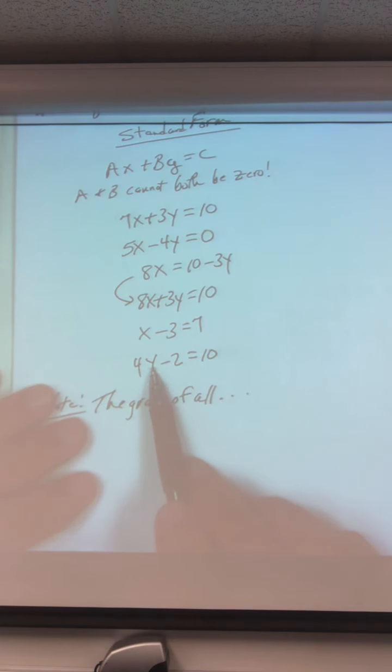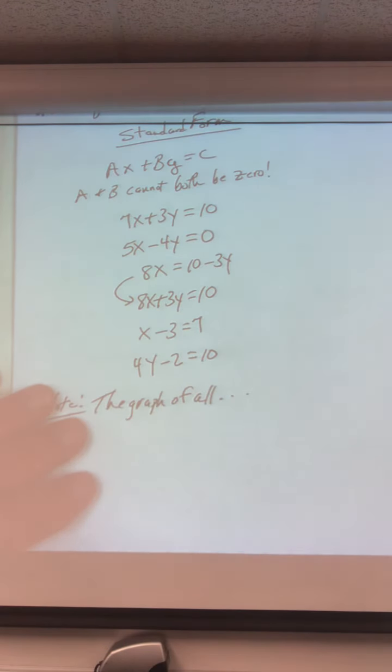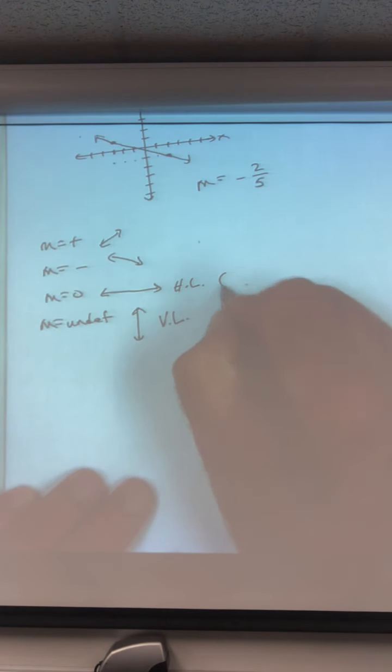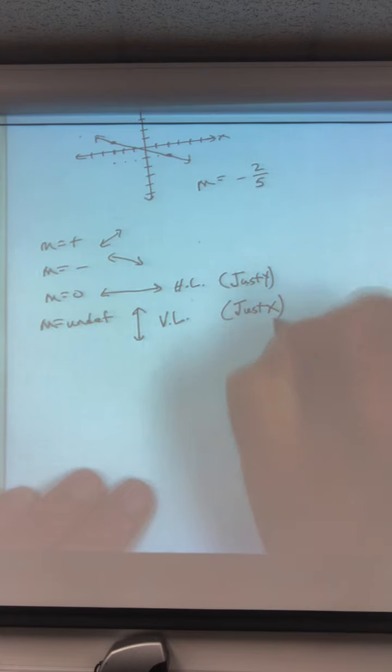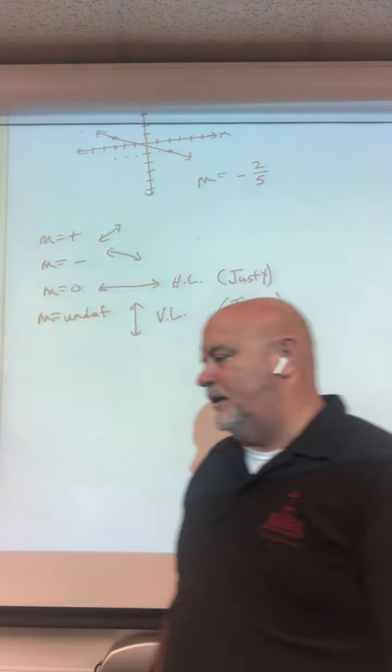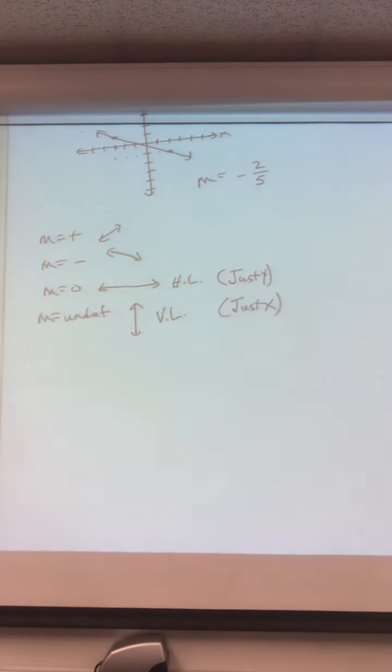This equation has just a y in it. So it's horizontal. So that line has a 0 slope. So remember, a horizontal line, you'll have just a y in it. A vertical line, just an x. You're going to hear me say that a whole bunch throughout this section. Okay, so that's a little bit there about slope.